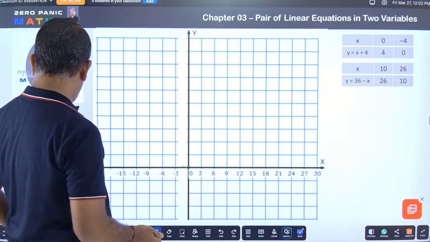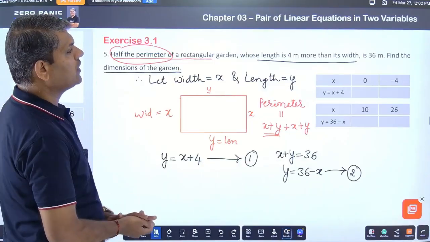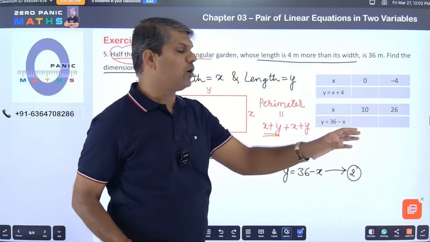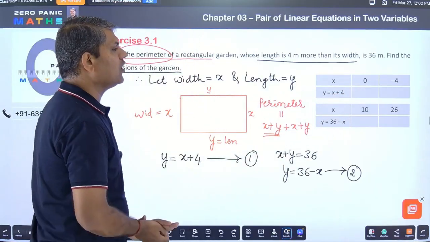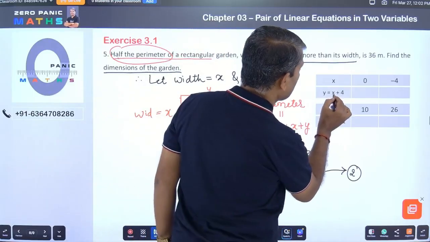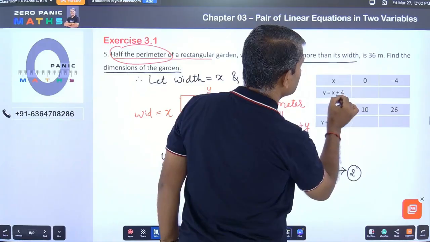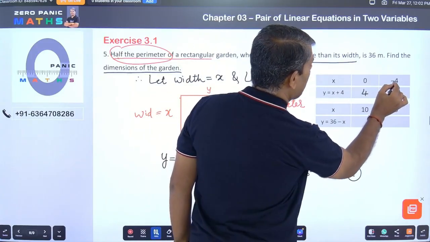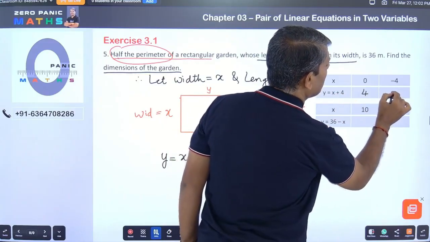Before drawing the graph we have to first put some values, 0 and minus 4, into this and identify the coordinates. If I put x as 0, y I'll get as 4. If I put minus 4 here, y I will get as 0.